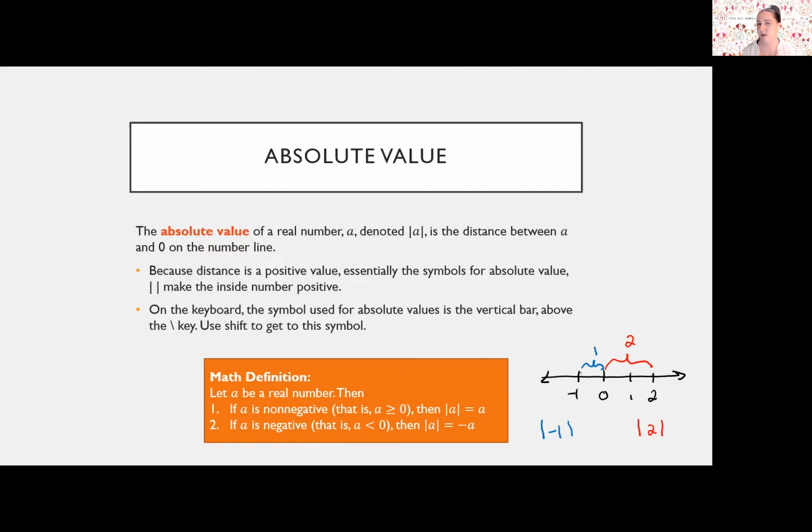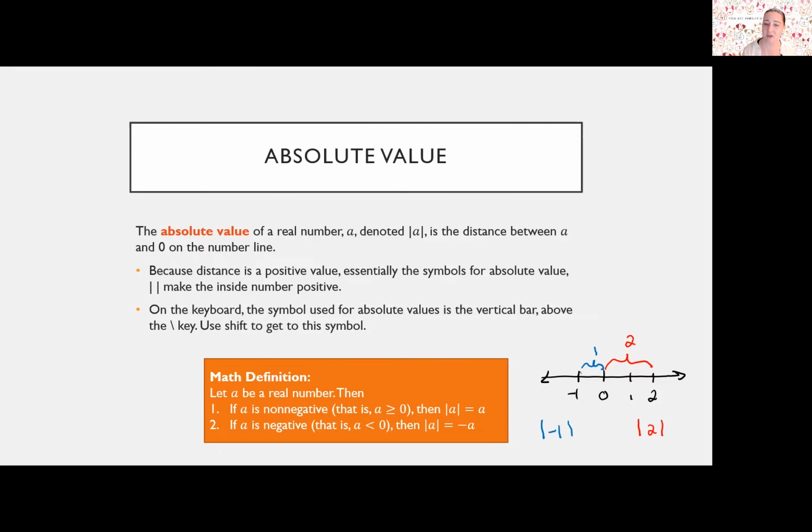So the math definition is doing the same thing. It makes numbers positive. It's just written very differently. And so one of the things when you're taking algebra is trying to learn, how do I take this math definition? What does this mean in everyday words?